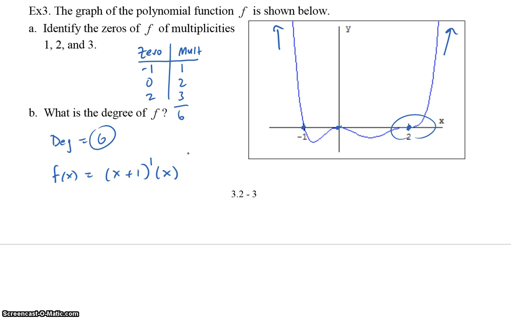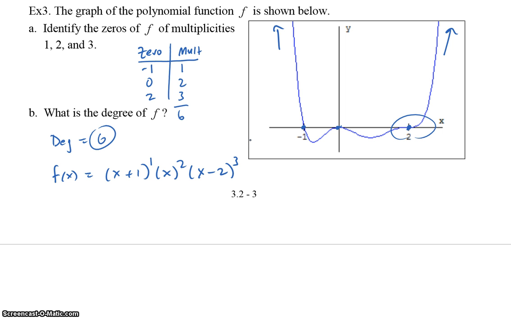Since its multiplicity is 2, that factor would occur twice. And the zero, 2, would correspond to the factor x minus 2. Since its multiplicity is 3, that factor must occur 3 times.